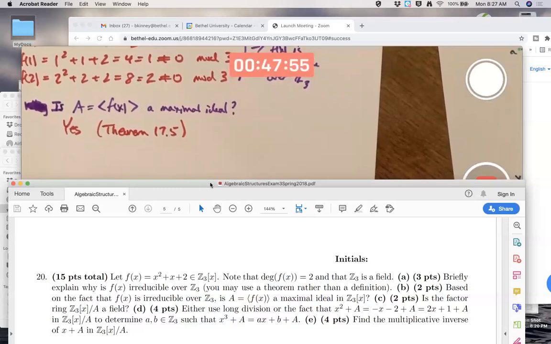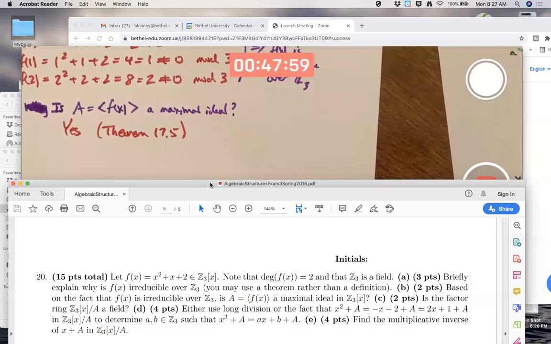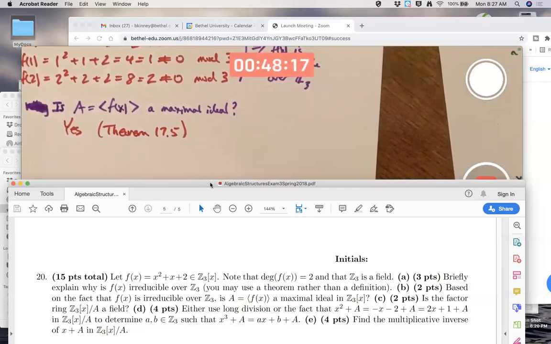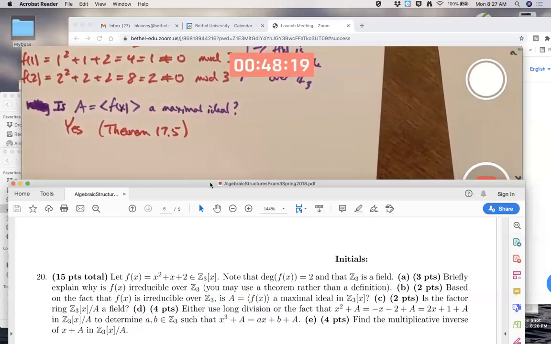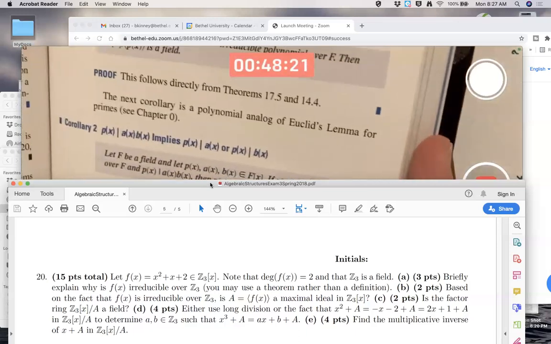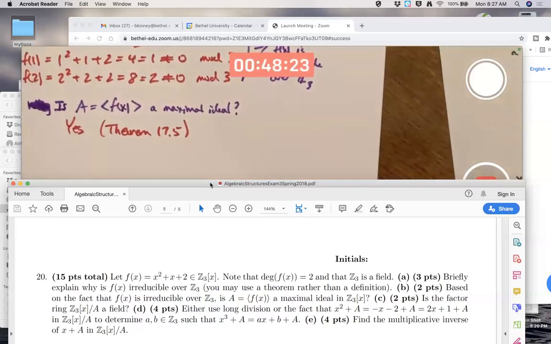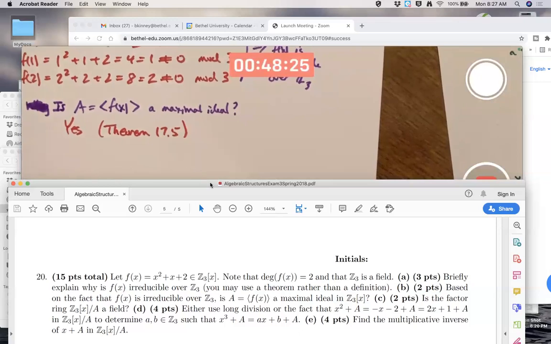For a problem like this, or perhaps a true false multiple choice problem as well, just know that theorem. Irreducibility of a polynomial when the coefficients are in a field is equivalent to the principal ideal generated by that element being a maximal ideal, which, if you recall from chapter 14, is also equivalent to a corresponding factor ring being a field.